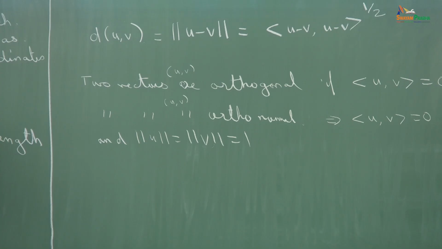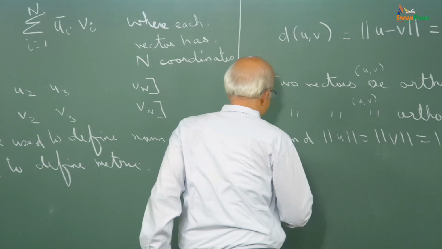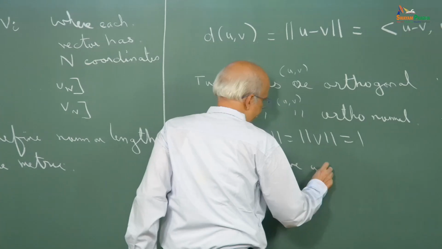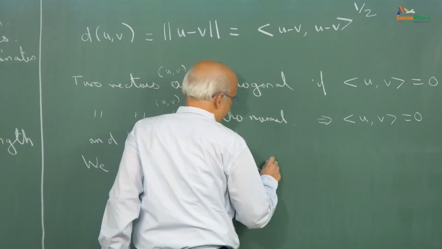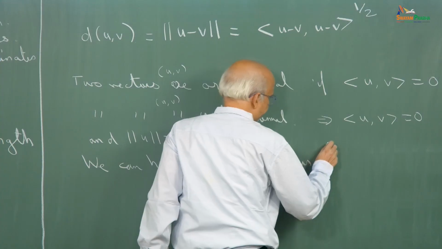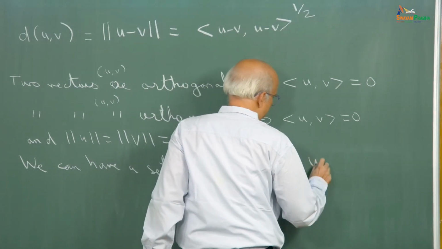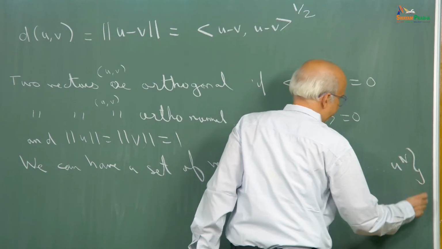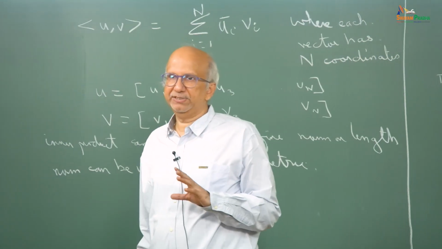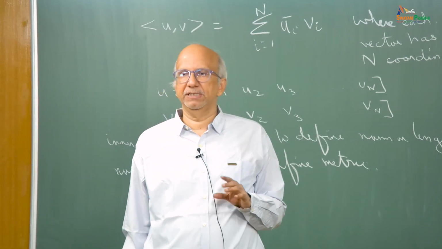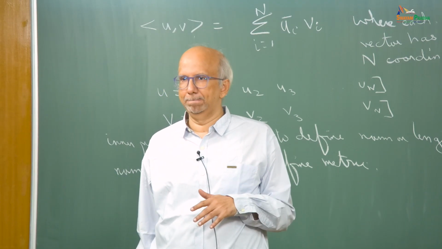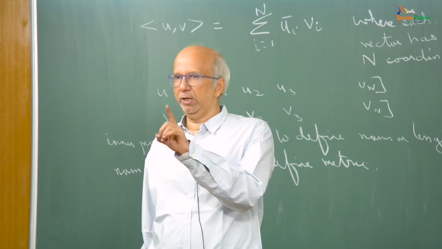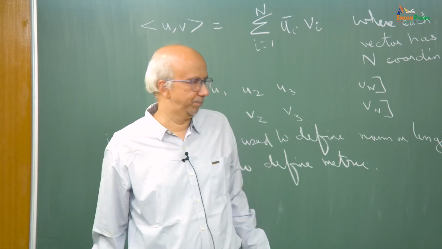Now, this again what we will see, we can have a set of vectors u1, u2, u3, ..., un, okay. If I say that this set is orthogonal, that means every vector is orthogonal to every other vector, okay.